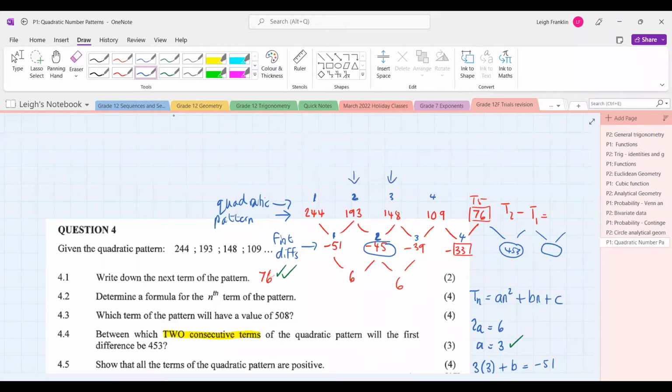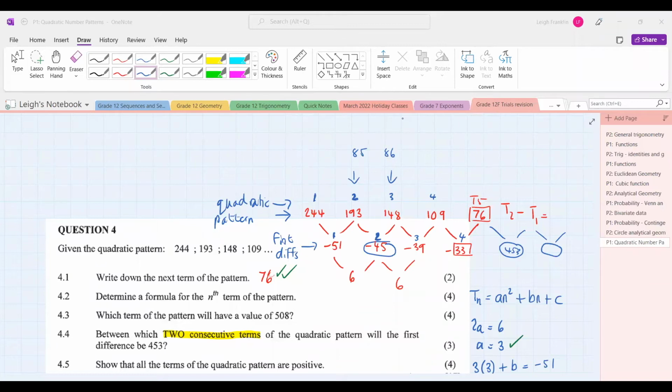So if we've worked out that n was equal to 85, then it would be between the 85th and the 86th term. Okay, so that's how we would know that it was one more.